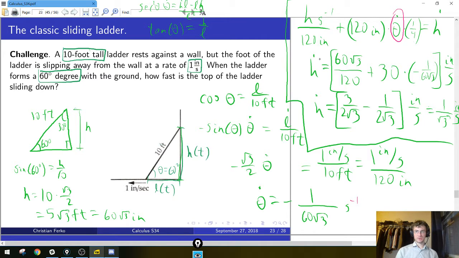Somewhere there's just a small algebra error, which made us get plus 1 over root 3 instead of minus 1 over root 3.